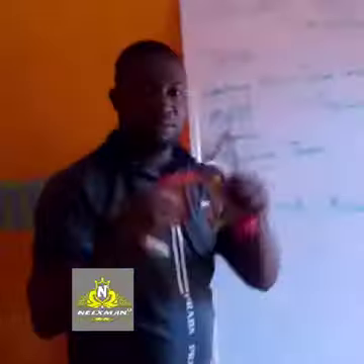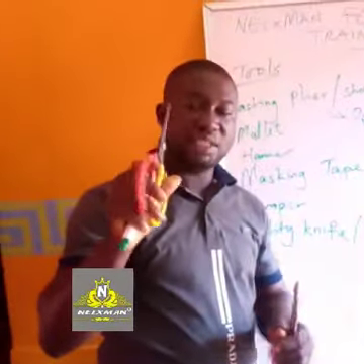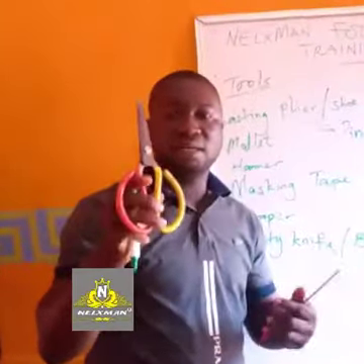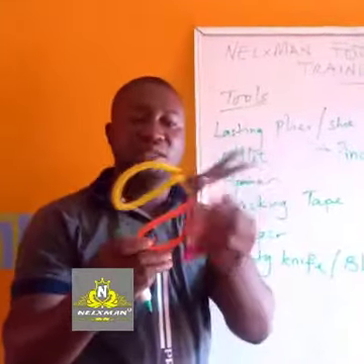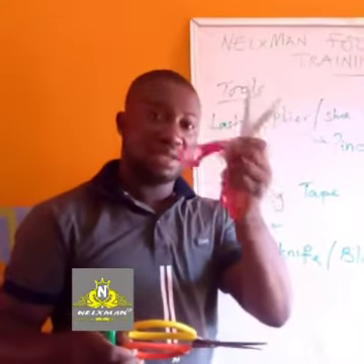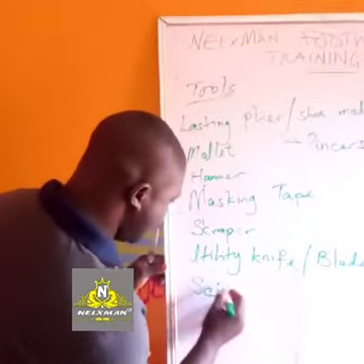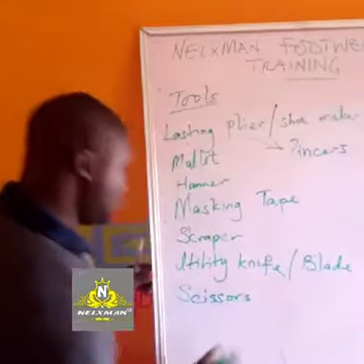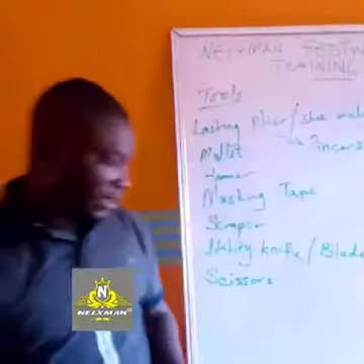This is what you should use when you are dealing with thick materials. You can see it's different from the one you are accustomed to that tailors use. So I'll just say scissors. You can use this pending the time.